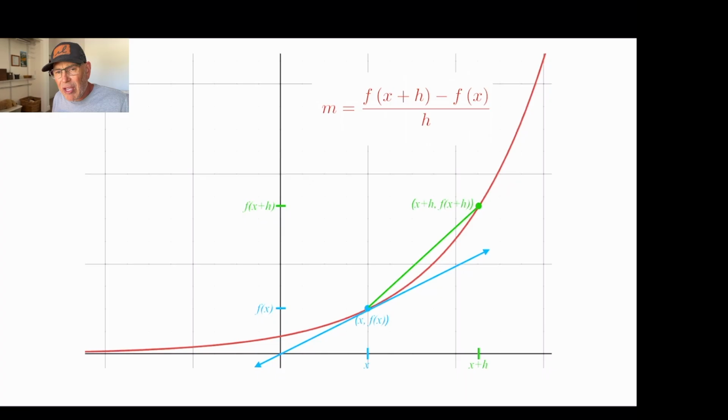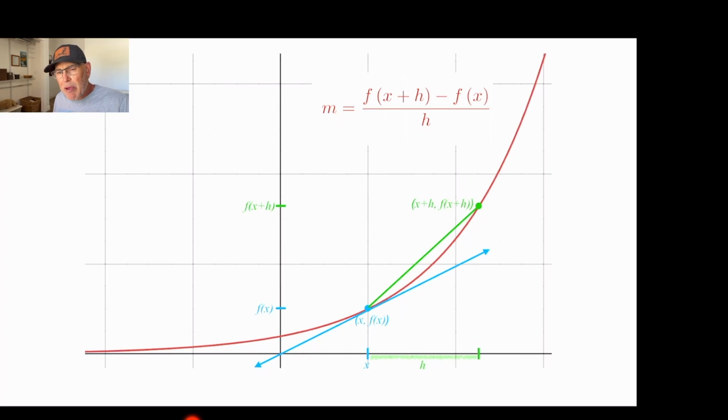Now remember, I had total control over h. h can be as big as I want or as small as I want, as long as there's still 2 points. That's where limits come in. Okay, so right here, here's h. I have that control right there. I can make it as big or as small as I want.